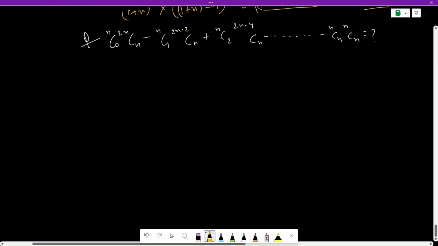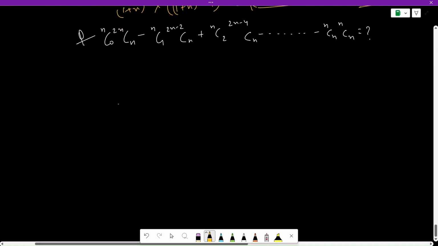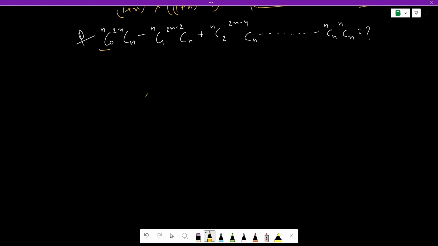Now this is the last question, and again what we can see is this part is the same as the binomial expansion of (1 minus x) raised to the power n, and this is another binomial expansion.